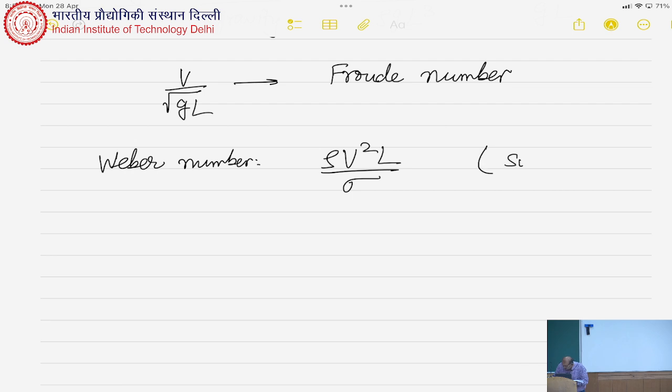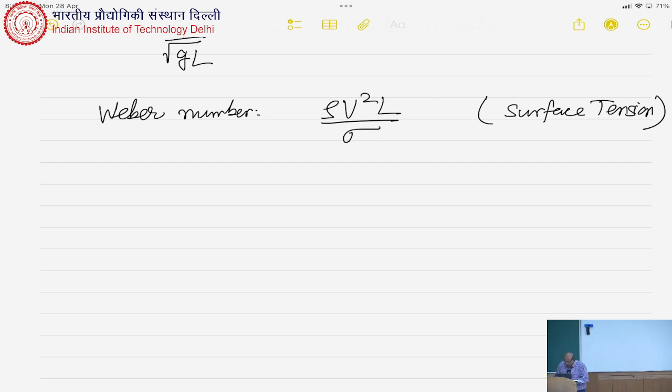So this is, if surface tension effects are important, the dimensionless group is called Weber number.